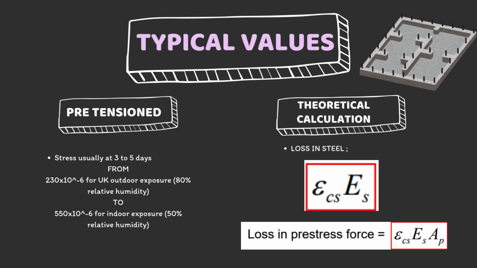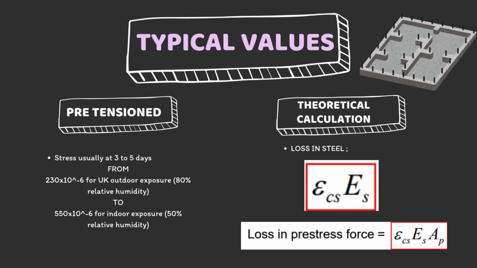So there are 2 typical ways to get the shrinkage losses. First, we can get it from pre-tensioned concrete, because shrinkage strains usually range from 230 times 10 to the power of negative 6 to 550 times 10 to the power of negative 6.